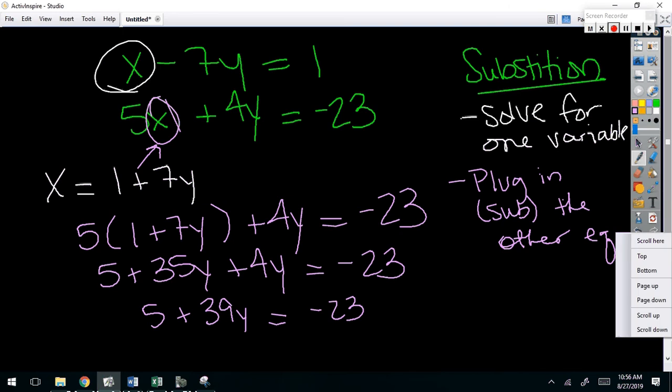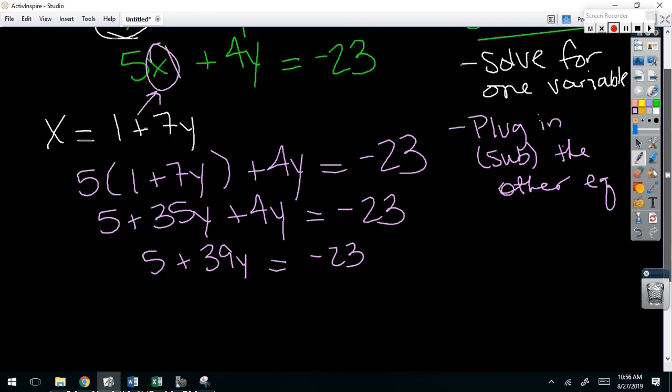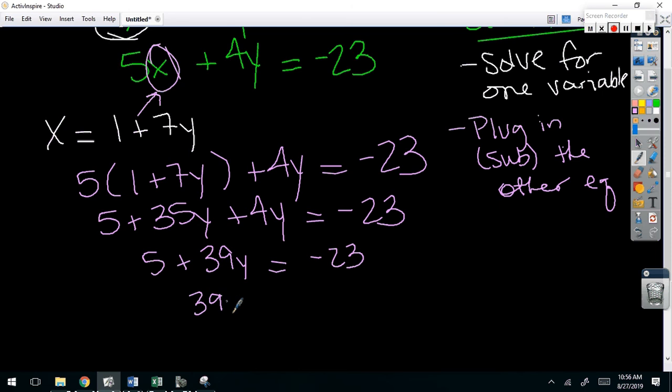So 39y equals negative 28. Oh, gross. Seriously? No, we did something wrong. I probably copied the equations wrong.